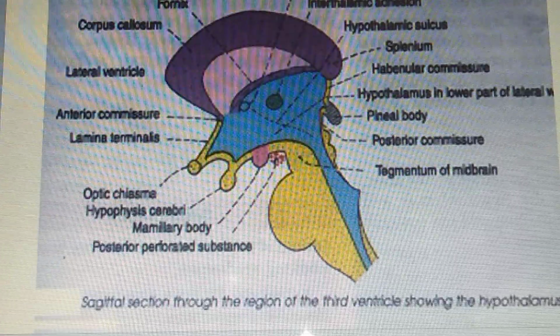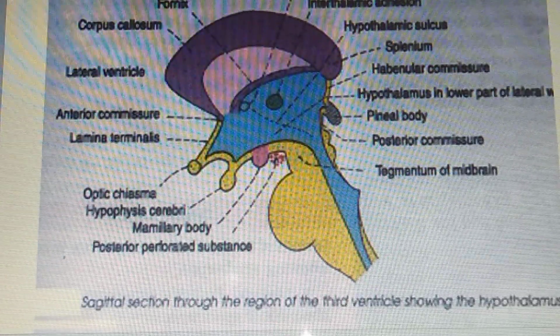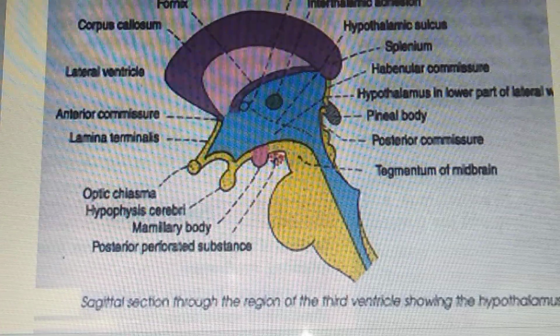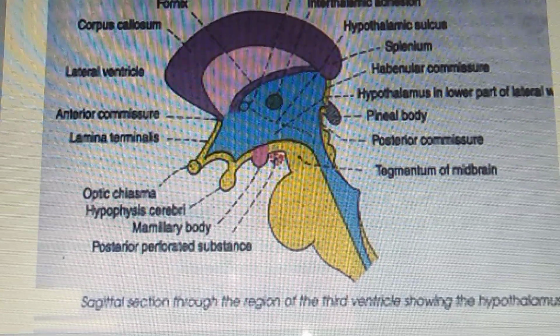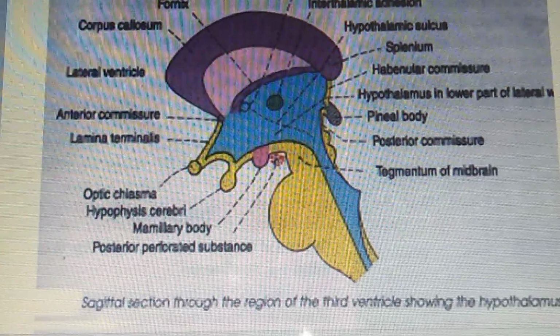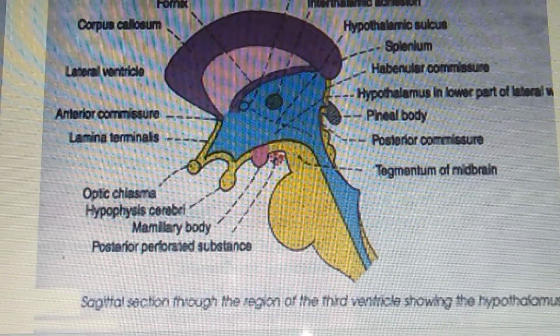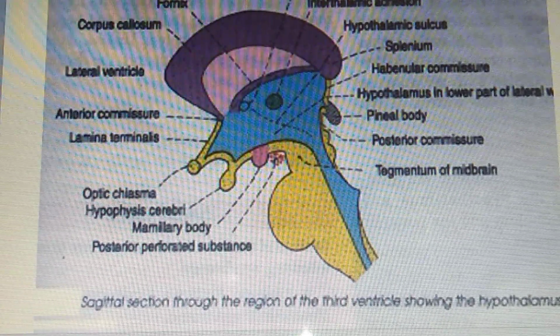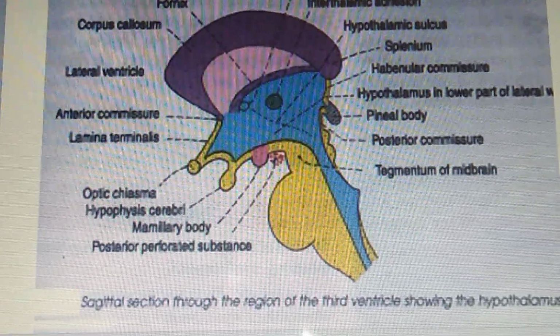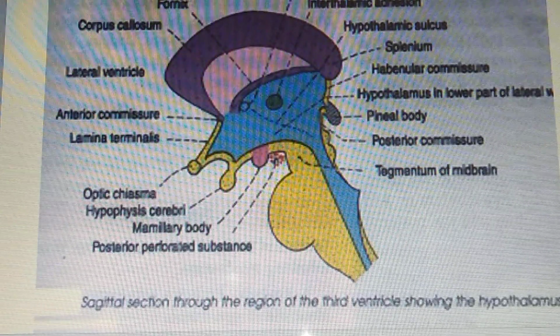If the obstruction is in the third ventricle, then both the lateral ventricles will be dilated symmetrically. Obstruction at an interventricular foramen causes unilateral dilatation of the lateral ventricle of that side. Okay, so that is all about the clinical anatomy related to the third ventricle.